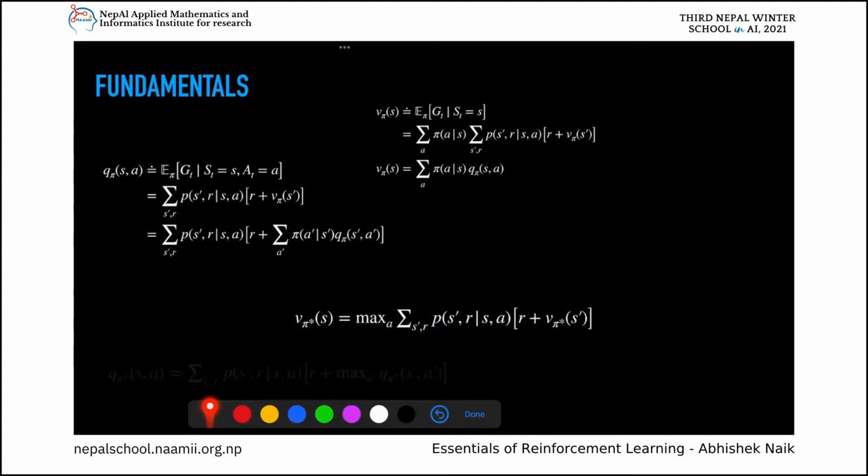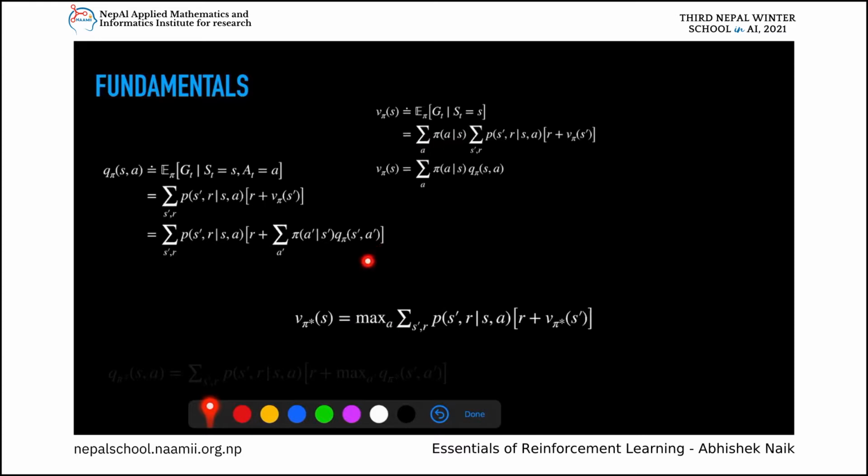Recall what we did. We took the policy and then replaced it by the best possible action in that state, right? And so the best possible action would lead to the maximum value of this quantity. So that's why we got a max of A instead of the sum over all pi.